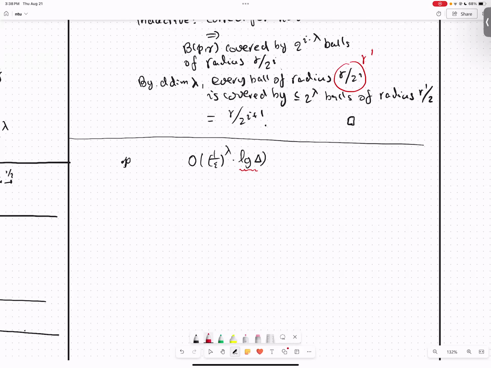Don't forget, this is something tunable. Now this lambda is the doubling dimension, okay? And this bound holds when the doubling dimension is a constant, okay? Otherwise, you will have another term like 2 to the power of lambda out there, or some constant to the power of lambda. So it's exponential in the doubling dimension, okay? I'll explain this log delta term later, that's not the point here.